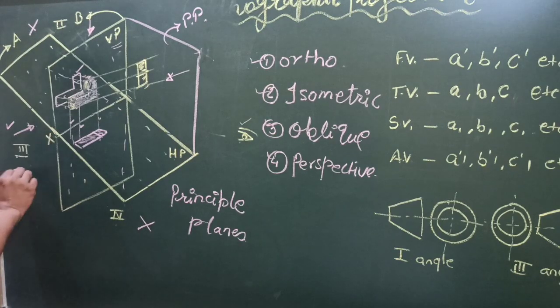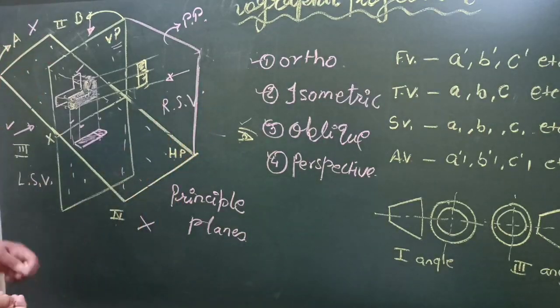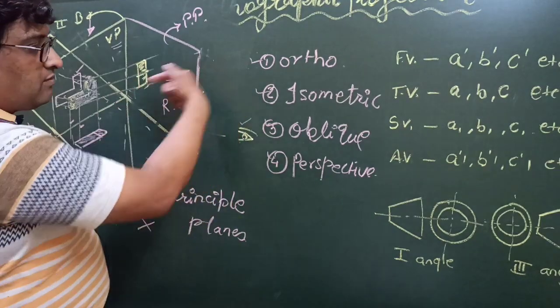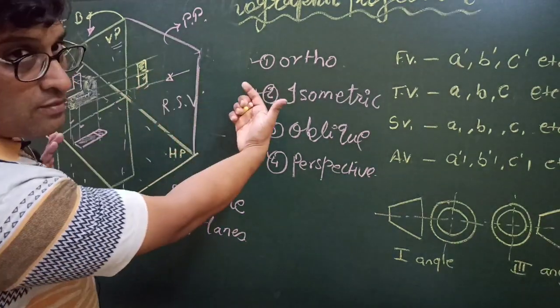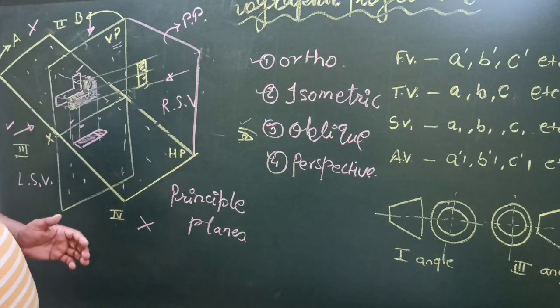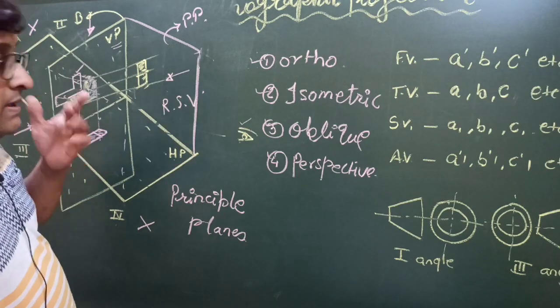So this is the left side view and this is the right side view. It means the observer has to decide it. If we are looking from the direction which is right to the observer, it is the right side view. If we are looking from this direction, it is called the left side view. So we have to draw both.